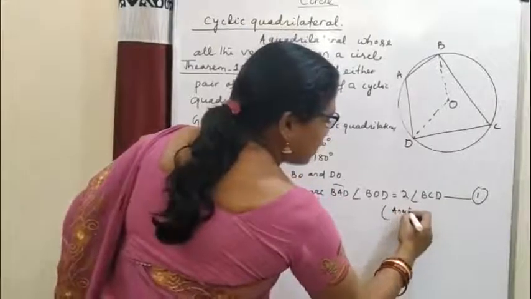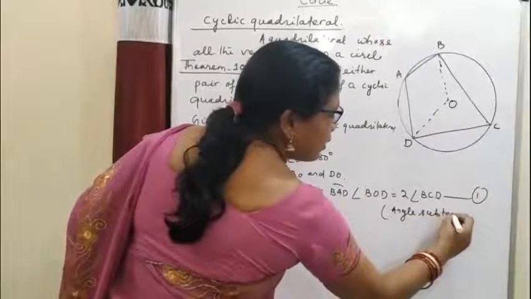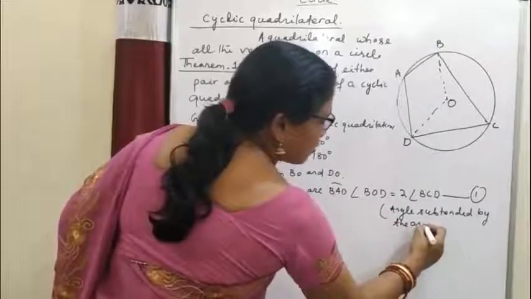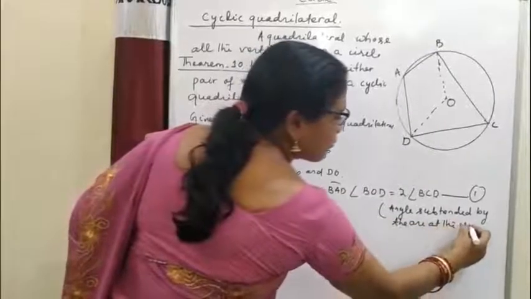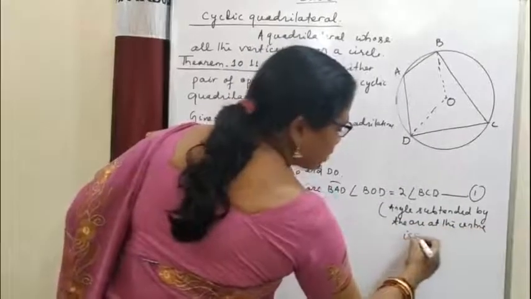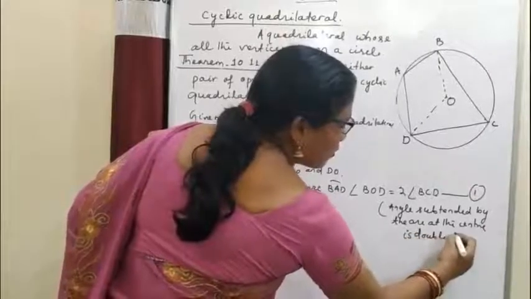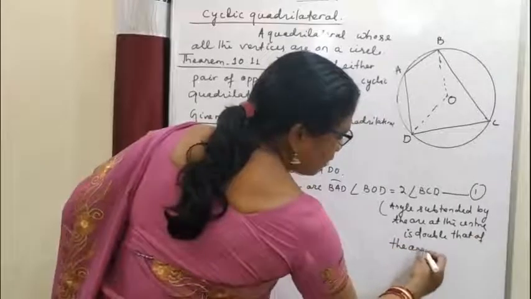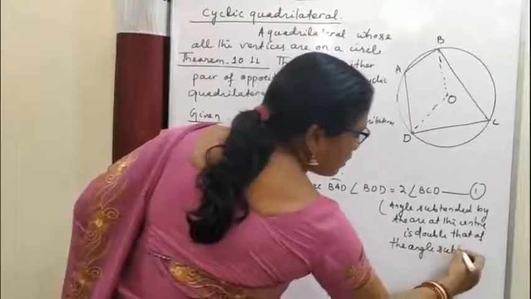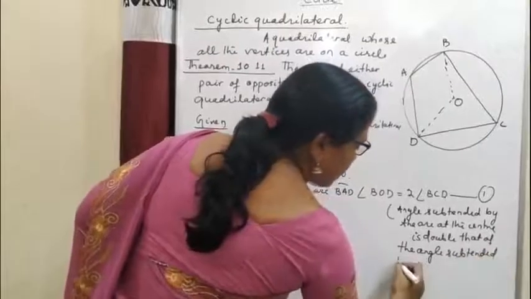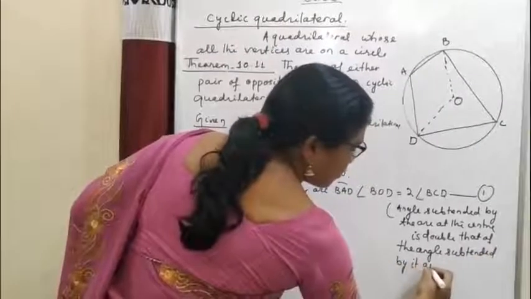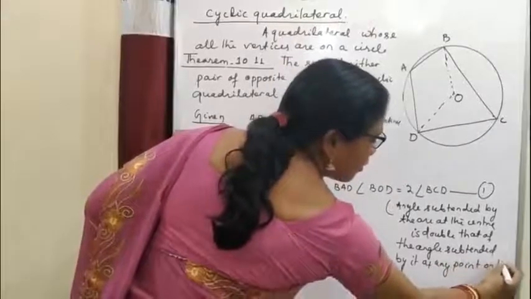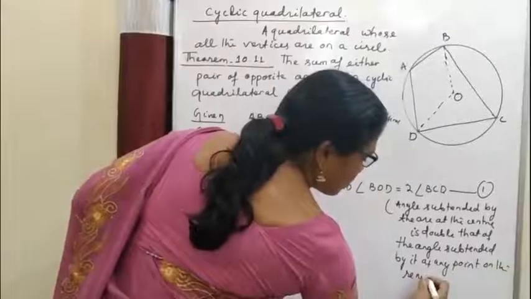The angle subtended by the arc at the center is double that of the angle subtended by it at any point on the remaining part of the circle.